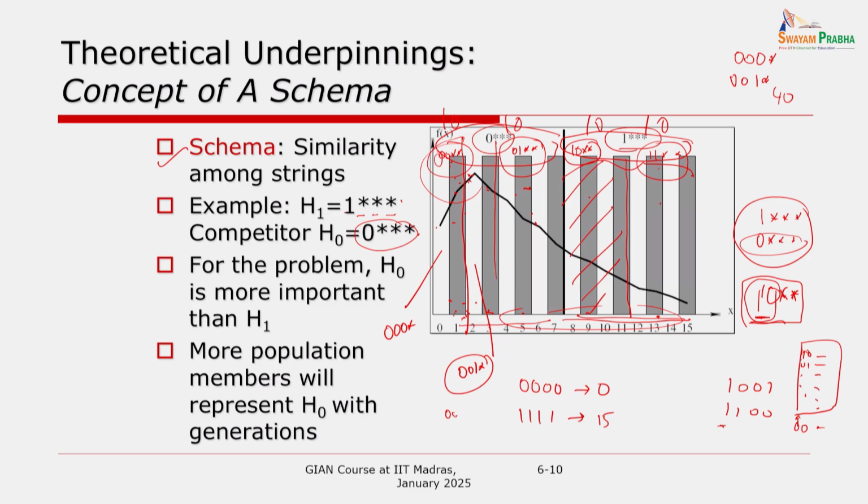So now it's the question of 0, 0, 1, 0 or 0, 0, 1, 1. Now this one is 0, 0, 1, 0, and this one is 0, 0, 1, 1. Which one should win? 0, 0, 1, 0. So that game will be played at the end and you get the solution, because now you are at the string level.